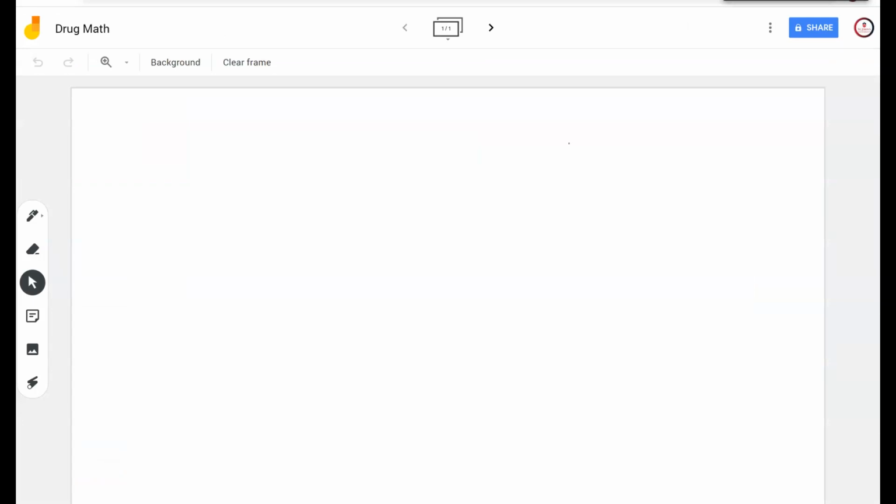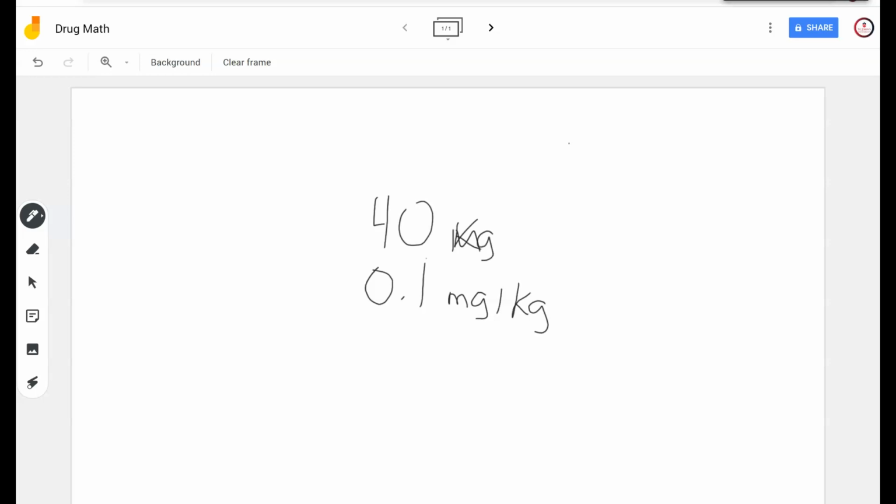Okay. If you have a patient who's 40 kilos, and you're doing 0.1 milligrams per kilogram, you're going to multiply this like the decimal isn't here. So 1 times 0 is 0. 1 times 4 is 4.